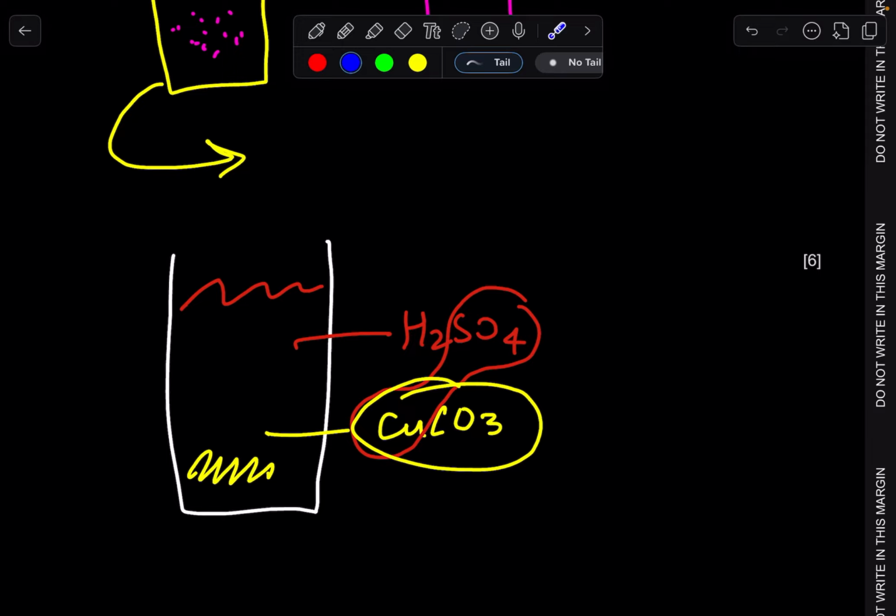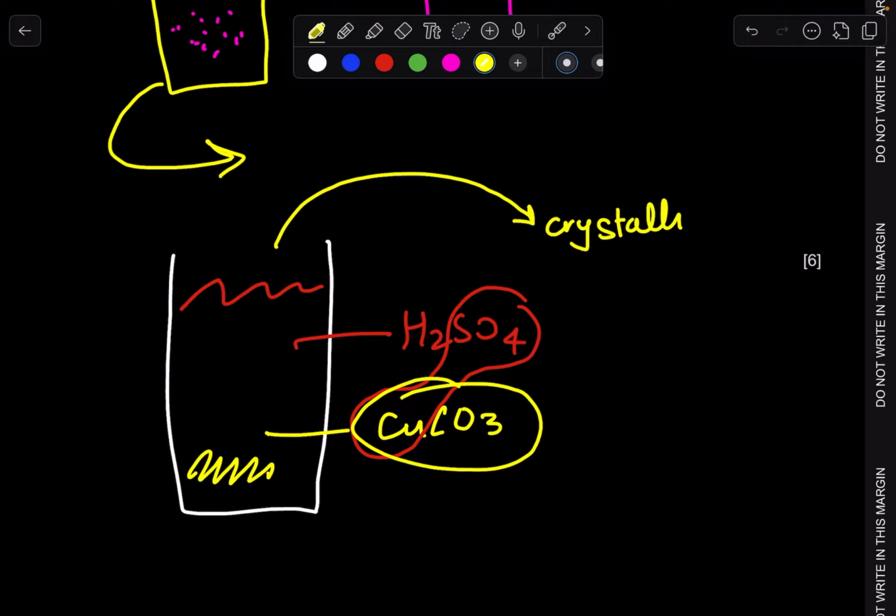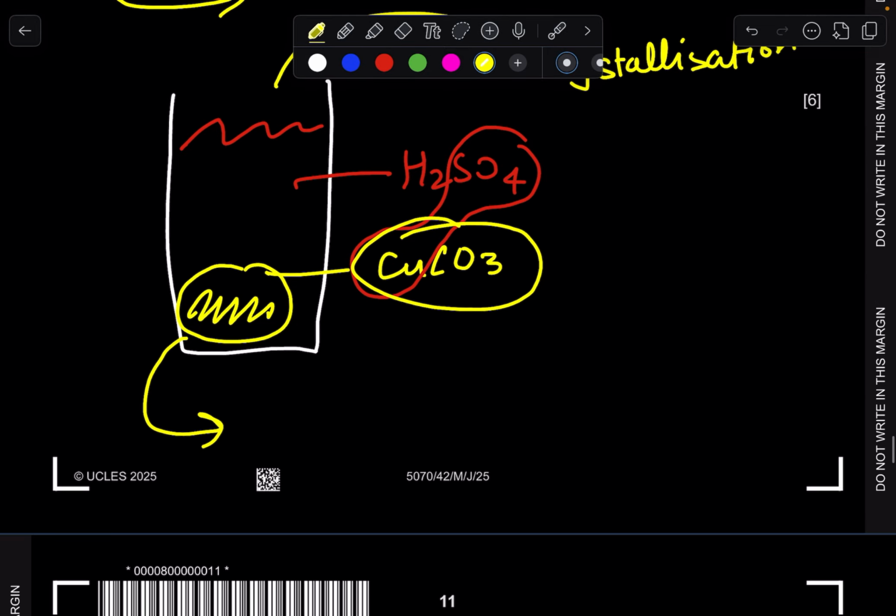Then you perform crystallization after filtering out this insoluble copper carbonate. You filter it out, and your copper carbonate gets removed.